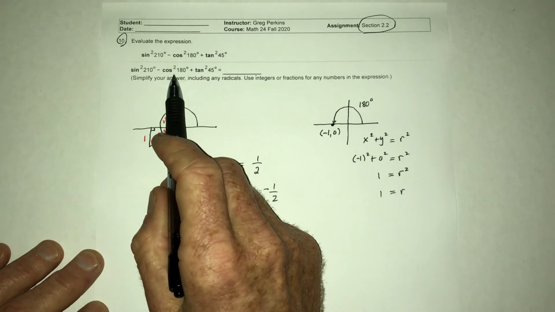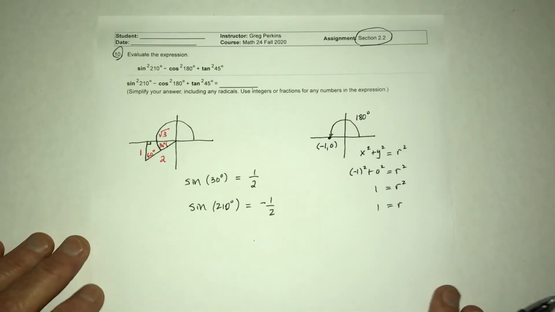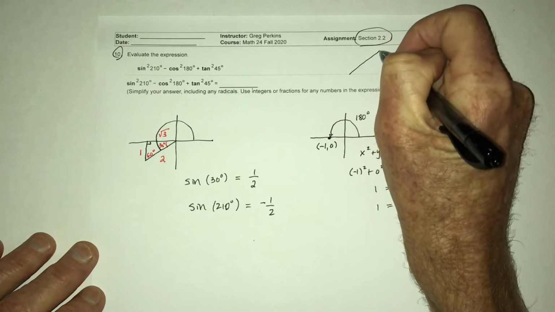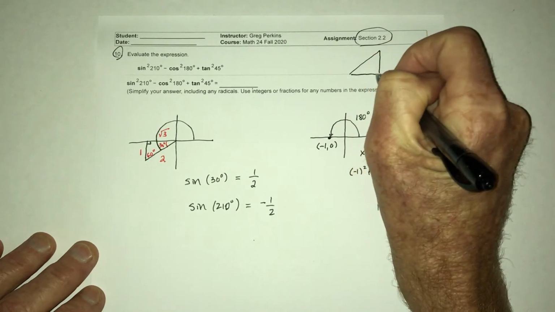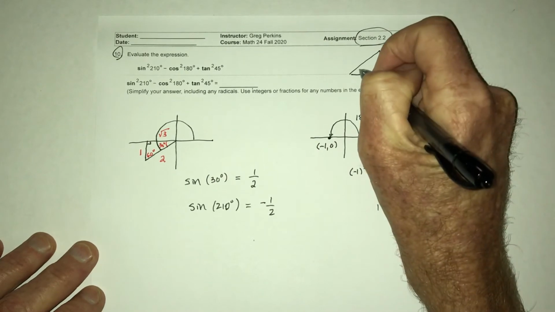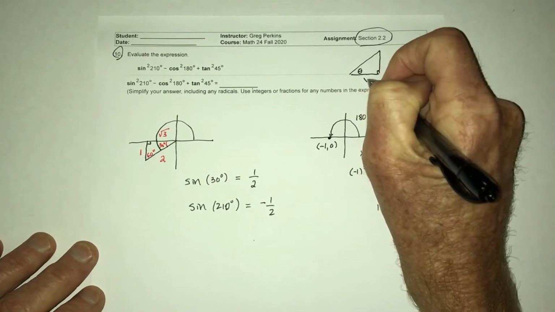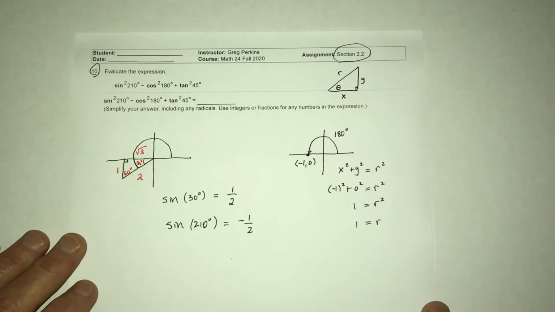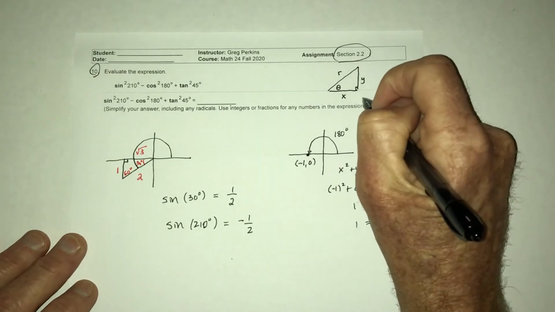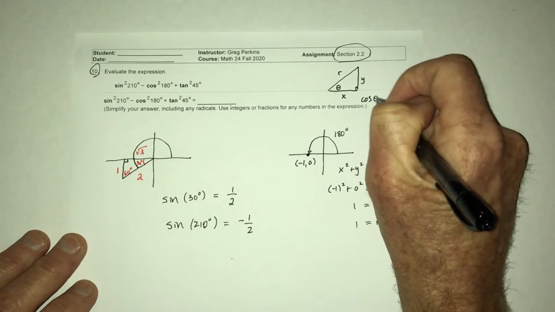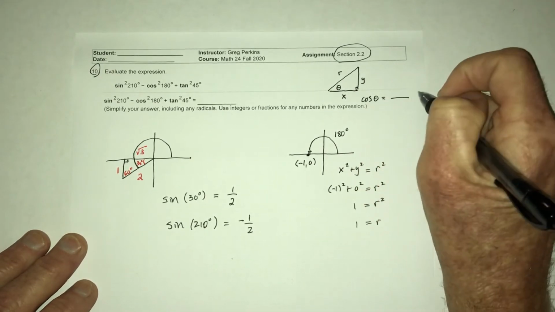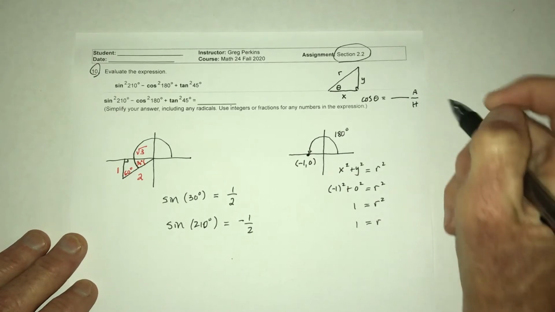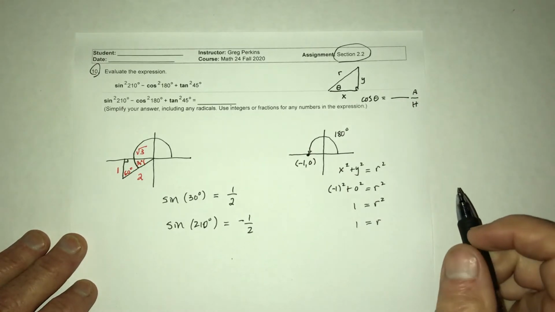So what about cosine? What I'm doing now with the x, y, and r is basically looking at the basic definition of sine, cosine, and tangent, except I'm using the letters x, y, and r for the sides of the triangle. So cosine of theta, well, cosine, Oscar had a heap, is adjacent over hypotenuse.